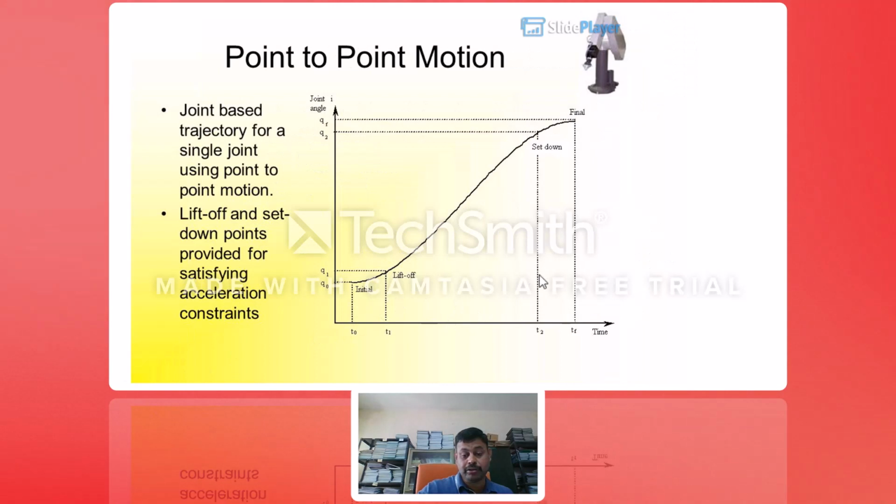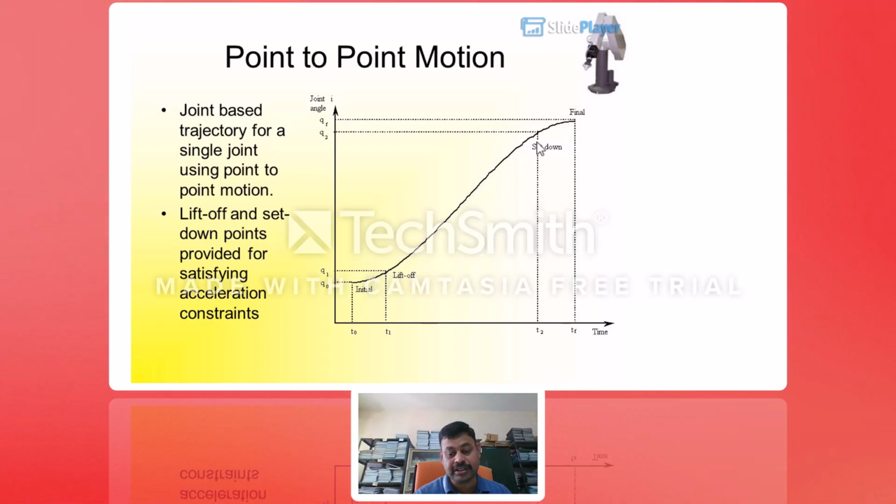For example, if you want to describe point to point motion with respect to time, for example, joint angle and time. Initially, what is the joint angle and time? And the lift off. Once lift off is started, then slowly the joint angle keeps on increasing. You can see initially the angle is less.